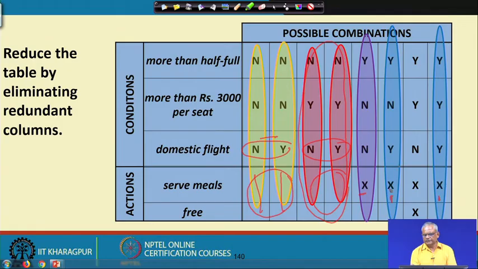So, they have the same action part and they differ with respect to only more than 3000. So, you can combine this into a single rule, and then we cannot combine this further with this, because we already have do not care here.